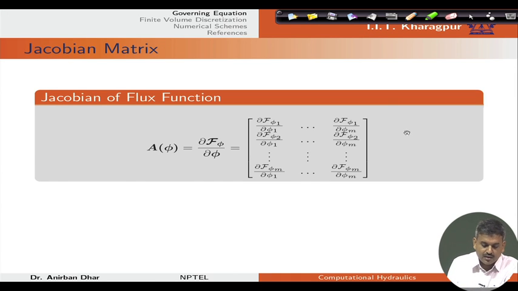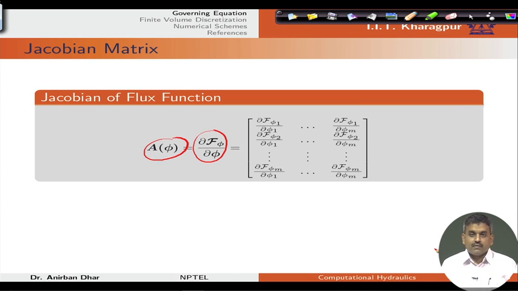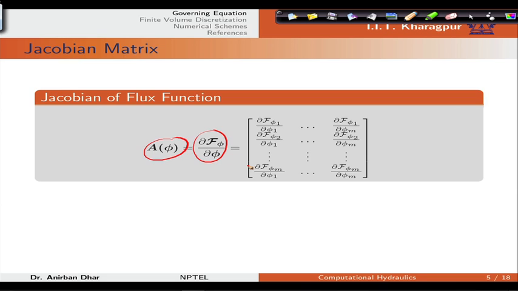We can define the Jacobian of the flux function, where this A phi matrix is del f phi by del phi, and individually these are its terms.